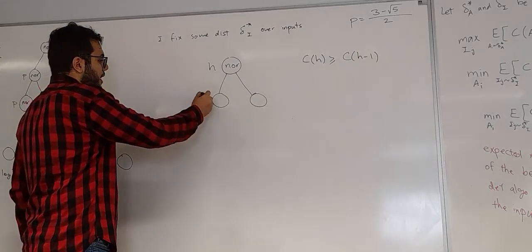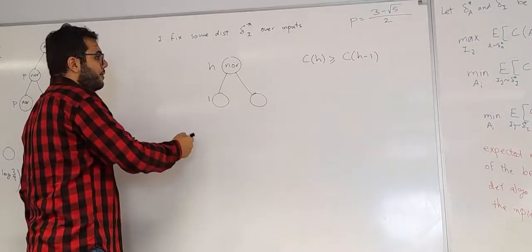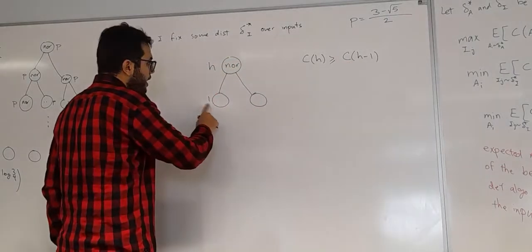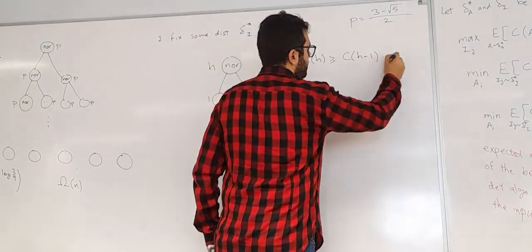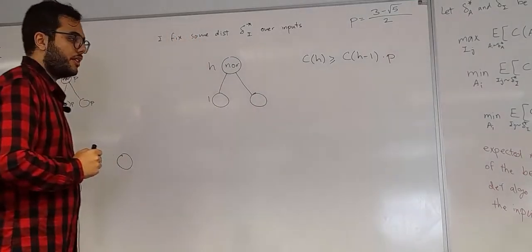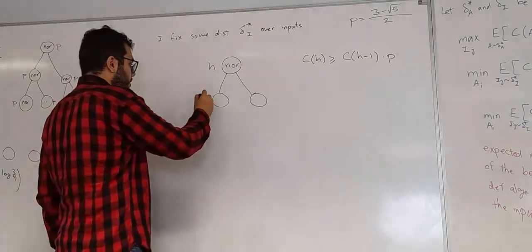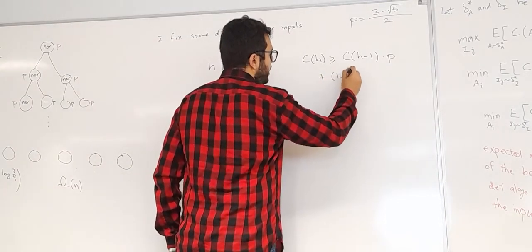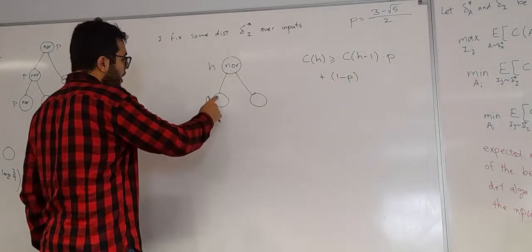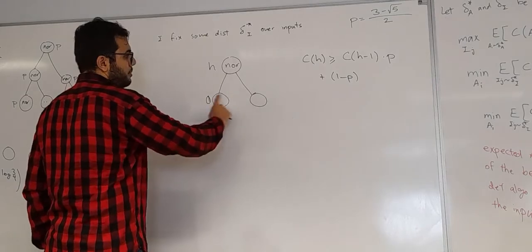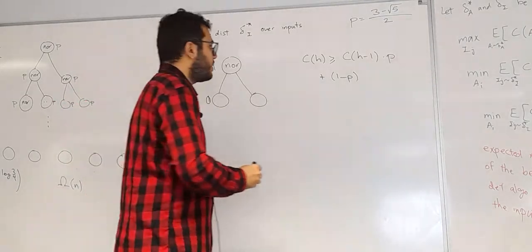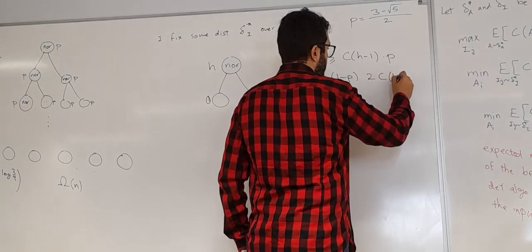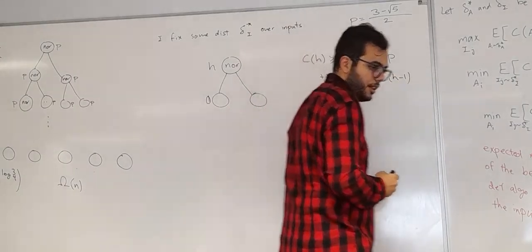The probability that this child was 1 is just p. But if this child is 0, that is probability 1 minus p, and how much work do I have to do? I have to basically evaluate both sides, so this would be times 2 C of h minus 1.